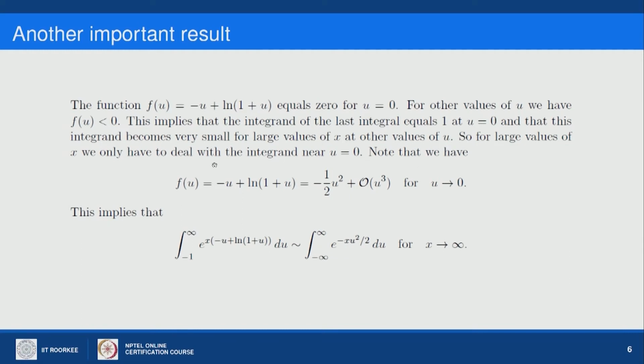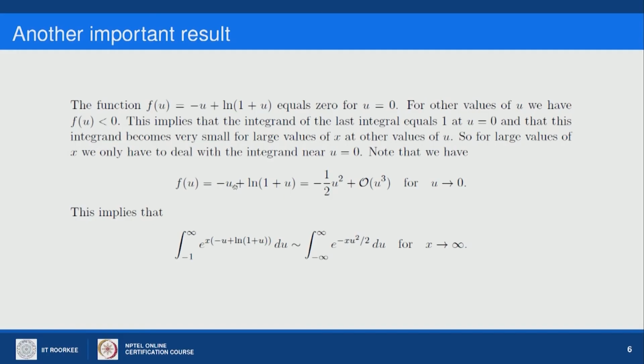Note that we have f(u) is minus u plus ln(1 plus u). So, I can write it as minus half u square plus terms having u raised to power 3 and higher order terms for u tending to 0, meaning I have expanded log(1 plus u).